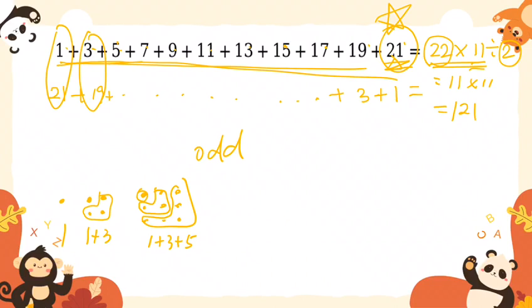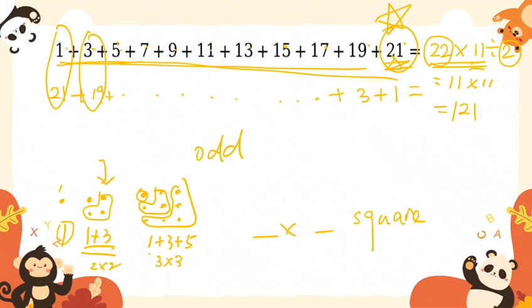Okay, so 1 plus 3, we can form a 2 times 2 square. 1 plus 3 plus 5, you can form a 3 times 3 square. So you can find that the number times number square has something to do with the number of terms.